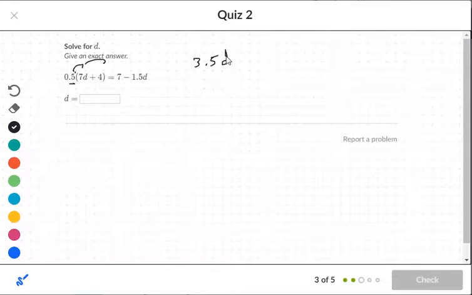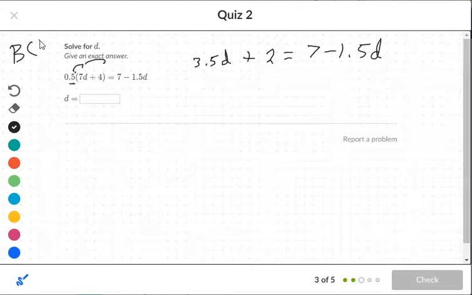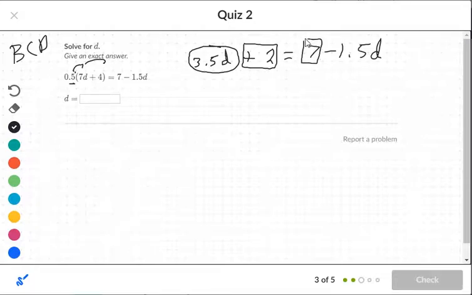So I get 3.5D, plus, now 5 times 4 is 20, but I slide my decimal back and it just becomes 2. And this is equal to 7 minus 1.5D. Now I'm going to use my rules, which is BCD. So circle my letters, box my numbers.